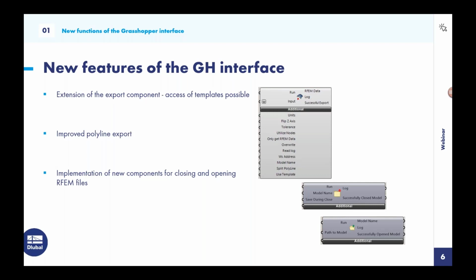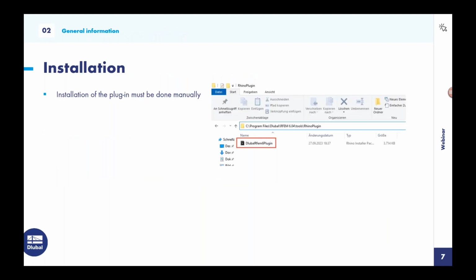Now I will give you short information about the installation. The interface is not automatically installed; the installation must be done manually. With the installation of RFEM 6, you will receive a setup file, which is stored in the folder shown in this image.